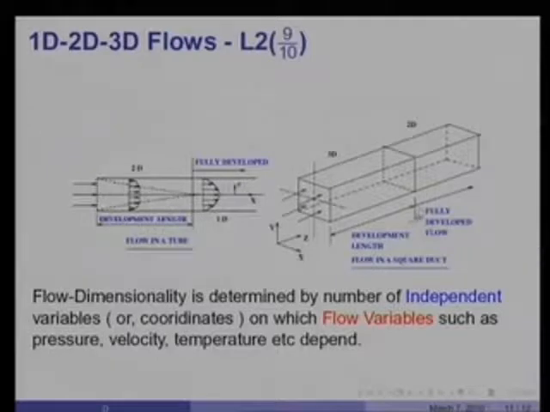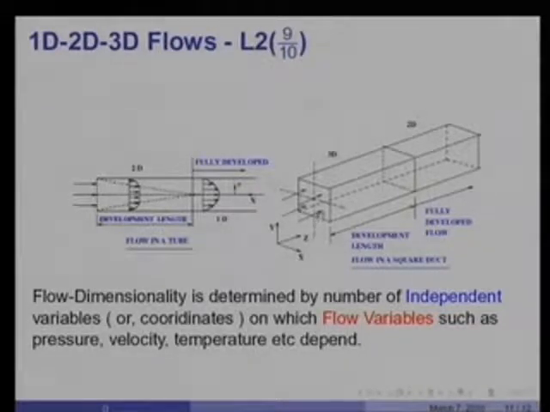tube. But if you now consider flow in a non-circular section tube, like let's say a square section tube, you will have a development length in which boundary layers will grow on all 4 surfaces, and the flow in this region would be 3-dimensional. But once you reach fully developed flow, then the flow velocity would be a function only of the cross-sectional coordinates y and z, and therefore the flow will be essentially 2-dimensional.